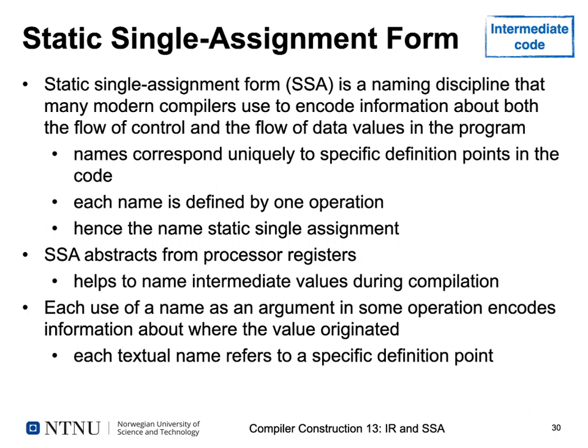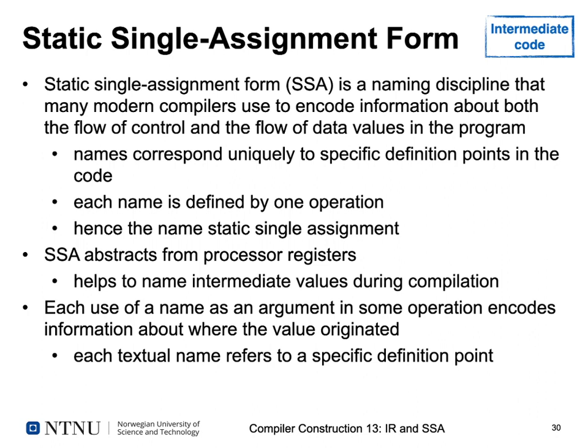So static single assignment, or SSA, is a convention for naming intermediate values, which is used in almost all modern compilers to encode both information about the control flow and the data flow in your program. Names in this form are created to uniquely correspond to specific definition points in the code.